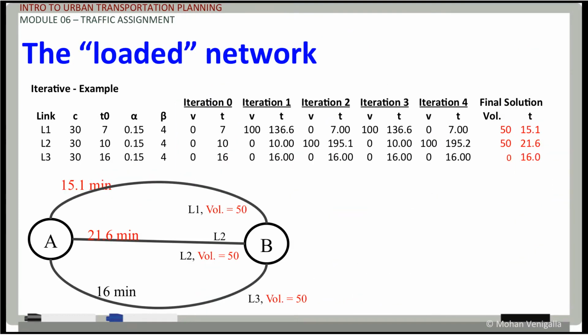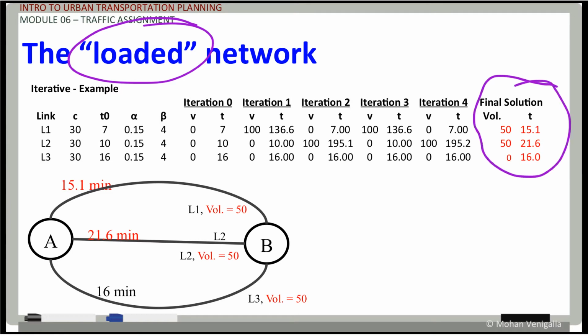So bigger picture, the fully loaded network looks like this. So everything I scribbled earlier is what is written here. So the final solution is, volume on link 1 is 50, link 2 is 50, link 3 is 0, and travel times are computed like this.